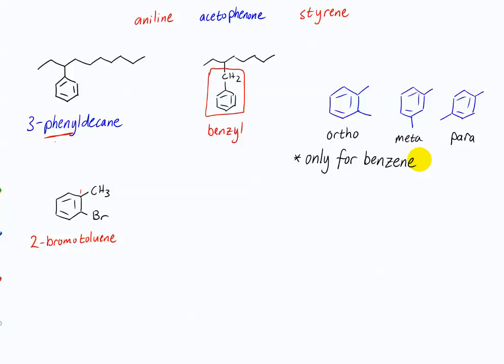It doesn't work for larger molecules, naphthalenes or other types of things like that. We only use this terminology for benzene itself. So 2-bromotoluene can also be known as ortho-bromotoluene, or sometimes it's simply abbreviated with an O, o-bromotoluene.